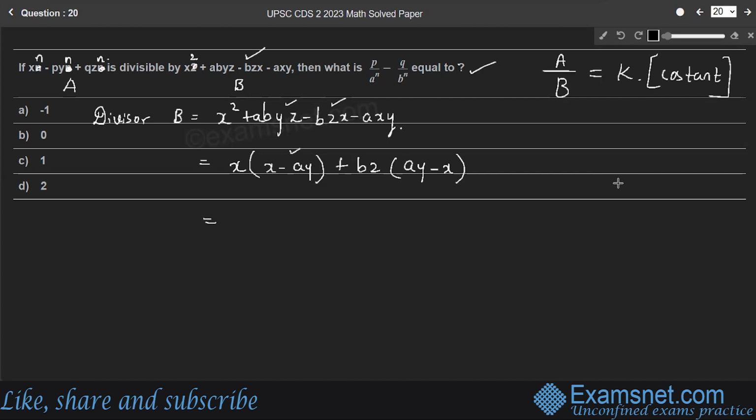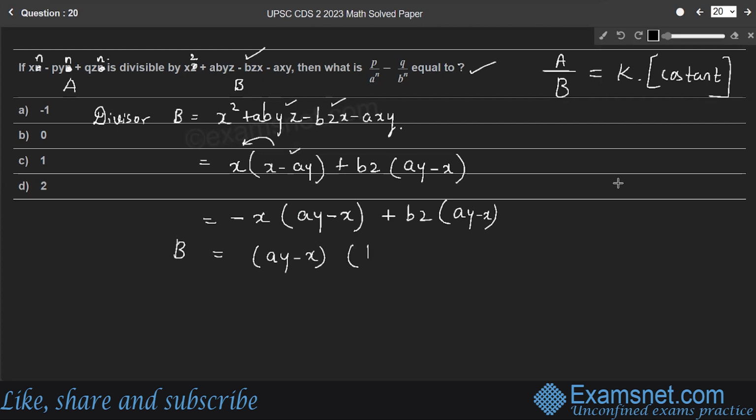So x minus ay can be written as minus of ay minus x, right? Therefore, we'll take out this negative sign. It becomes minus x into ay minus x. Both are the same. So minus x into ay minus x plus bz into ay minus x. Therefore, the divisor B can be written as ay minus x into bz minus x.